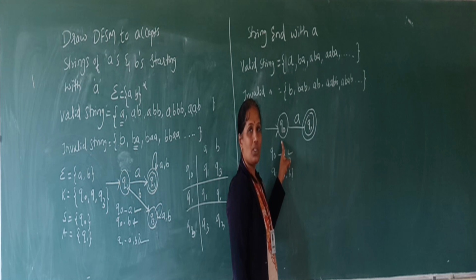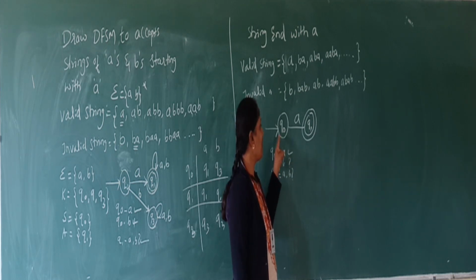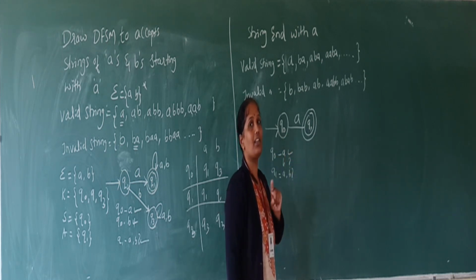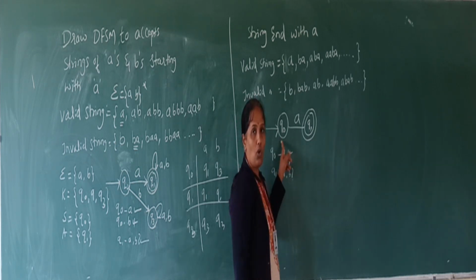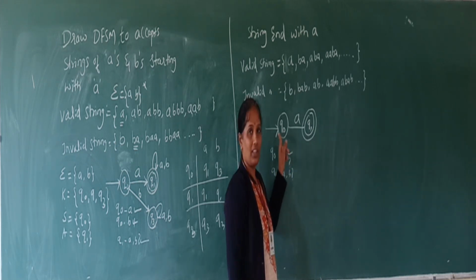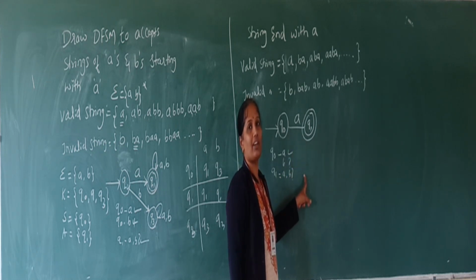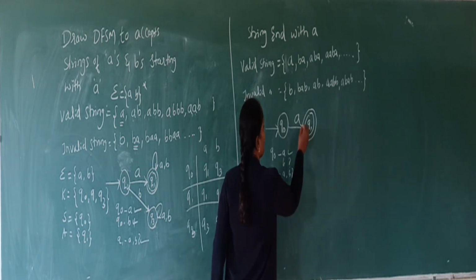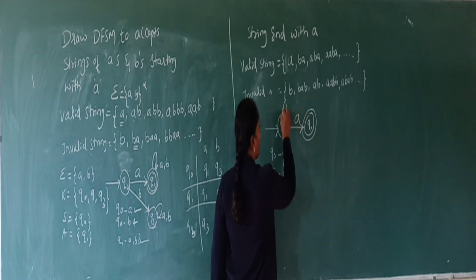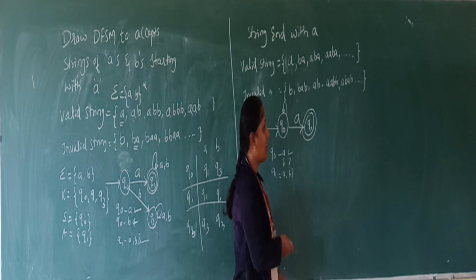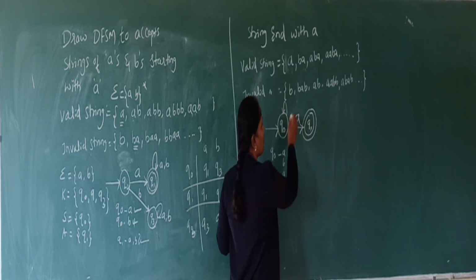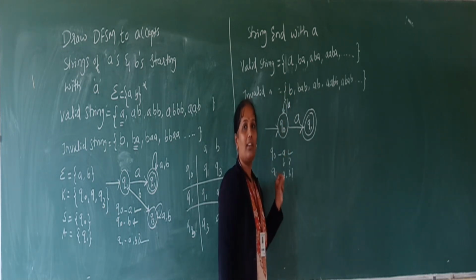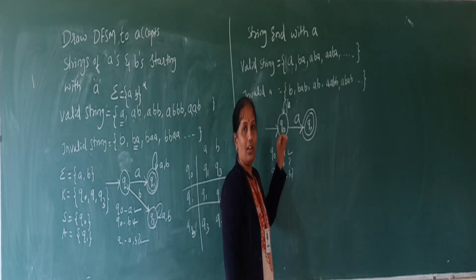You must show the transitions for A and B from each state. It is compulsory in a DFSM. If it is not possible within these two states, then you introduce the trap state. Here, the A transition I have shown. Next, for the B transition, either I take a loop or a back transition. If I take a loop, then check whether it affects the given language strings or not.